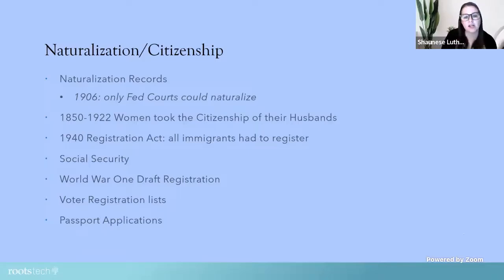They took it upon their husbands. Same with children. And then in 1940 Registration Act, all immigrants had to register. Then you have your Social Security, and then World War I draft registration would have, if they are naturalized. You can look at voter registration lists, and you can look at passport applications as well.